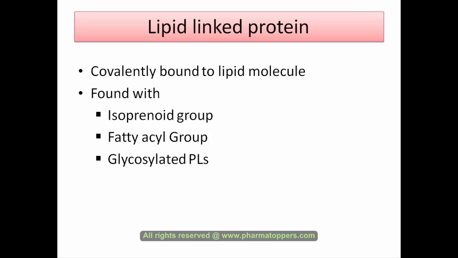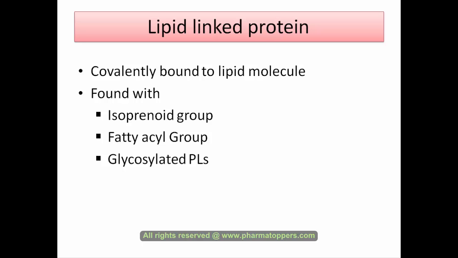They form covalent attachments with three classes of lipid. On that basis, the lipid may be an isoprenyl group or a fatty acid. In the case of the isoprenyl group, the attachment site is the cysteine residue at the C terminus of the protein. The fatty acids may be myristic acid or palmitic acid.